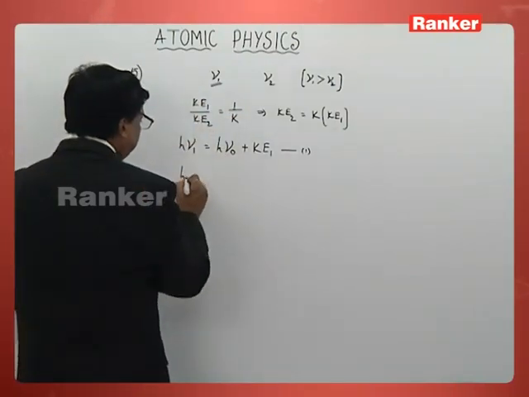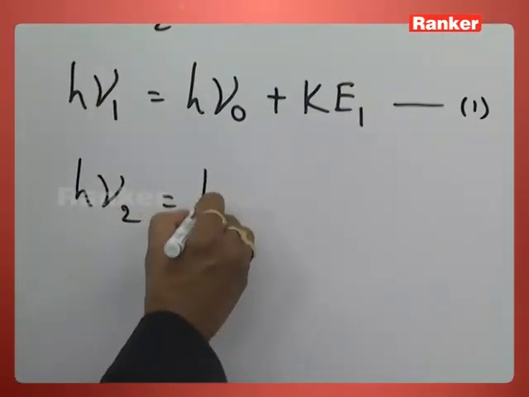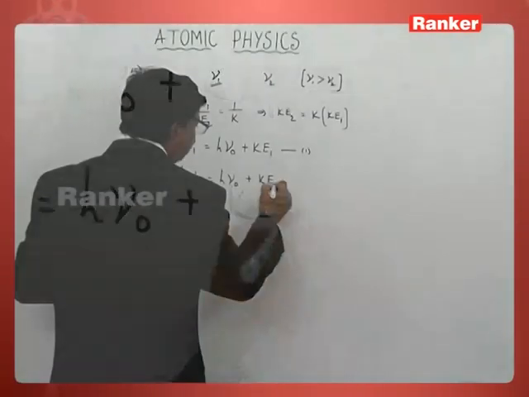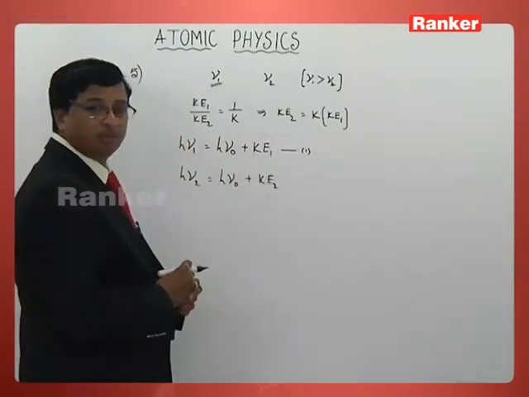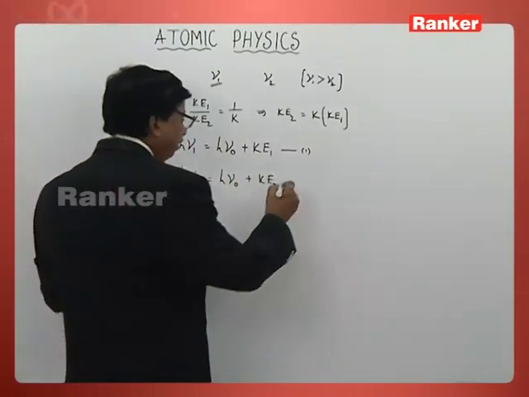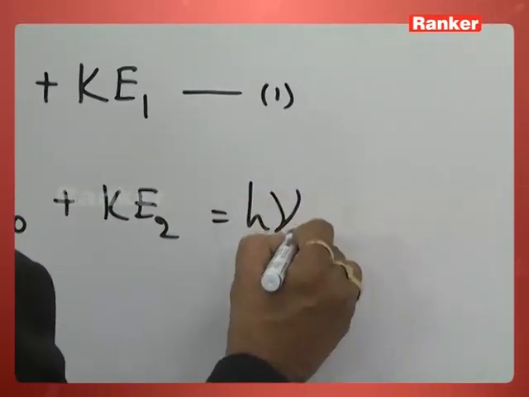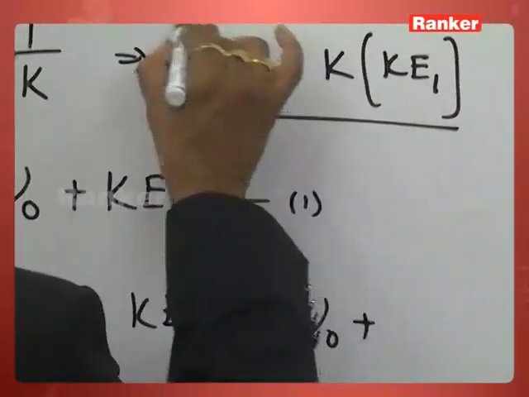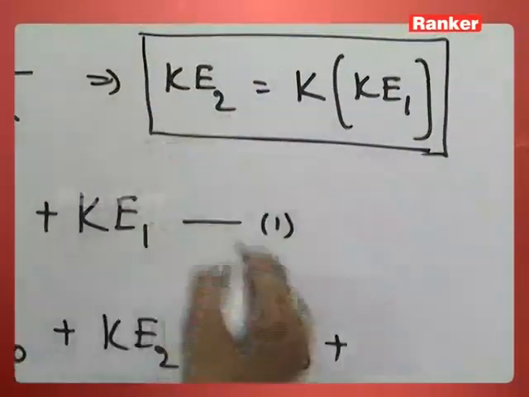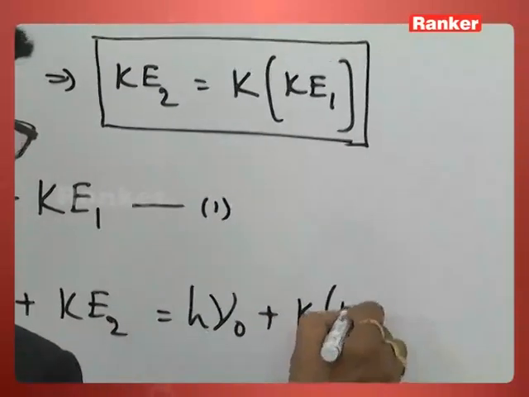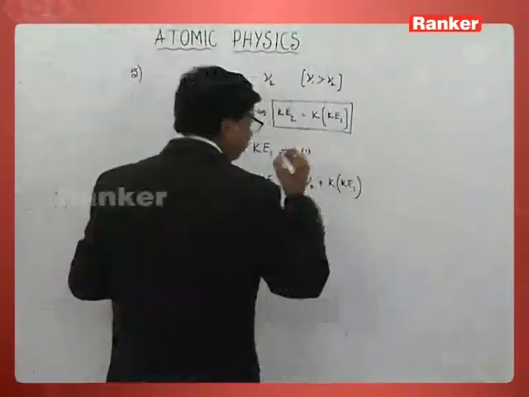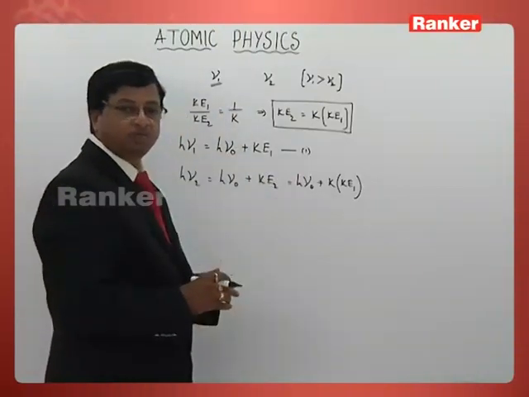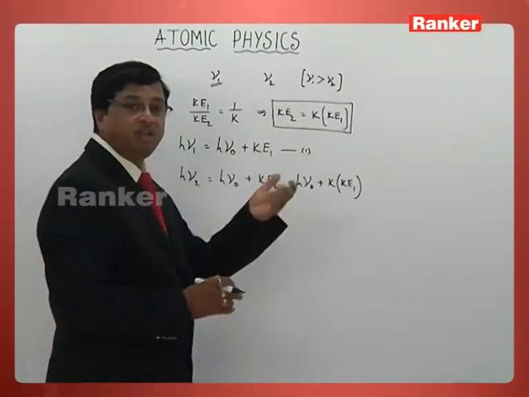I can write H nu2 is again H nu naught plus kinetic energy 2. Now you can rewrite the same equation this way: H nu naught plus what is kinetic energy 2 according to the given value? It is k times the kinetic energy of the first case. That is what we have been given here as a relation.